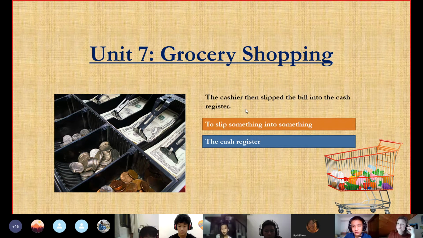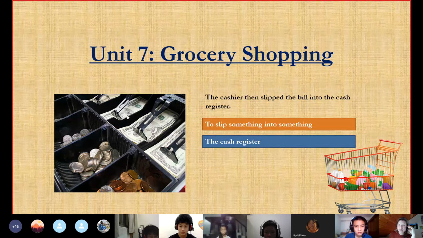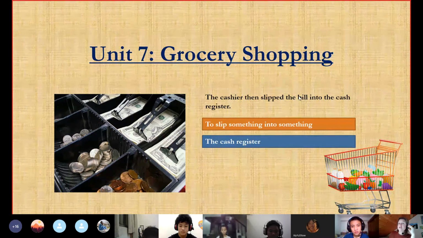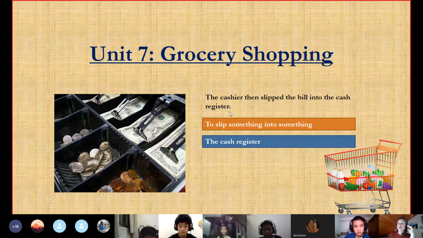Okay, so we know what a bill is, right? We can see bills here. And we know who the cashier is. So what is to slip?